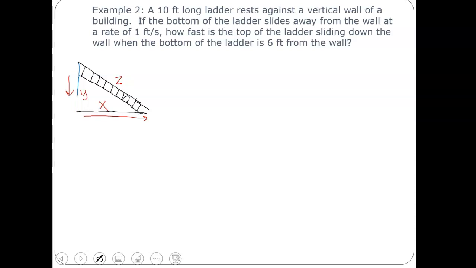So that's my part 1. My part 2 is to write down everything I know and everything I don't know. So again, we're talking about related rates. We're talking about changing. So I have 3 variables, which means I have 3 potential rates of change.